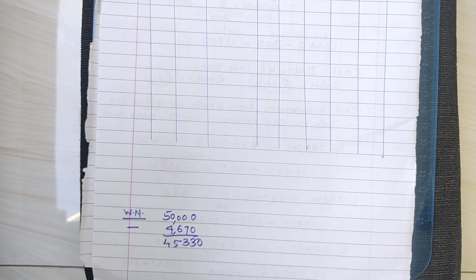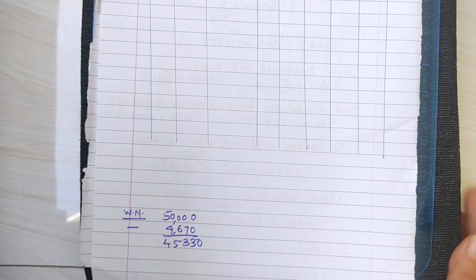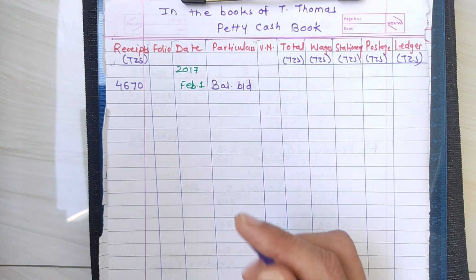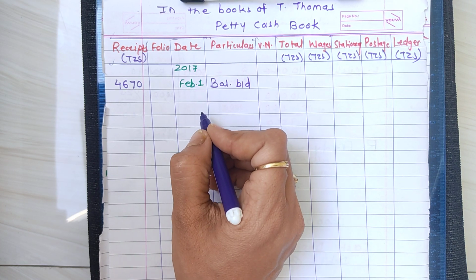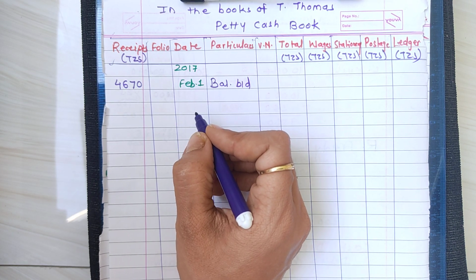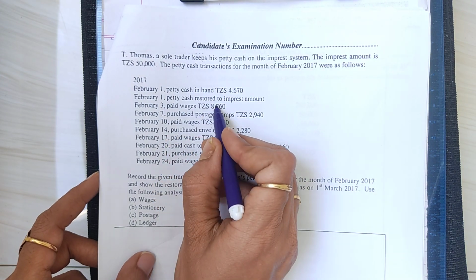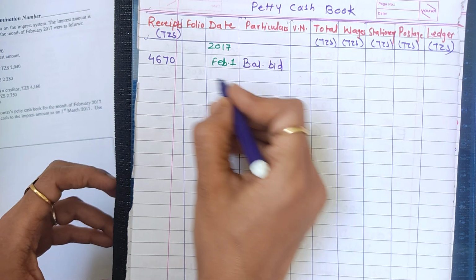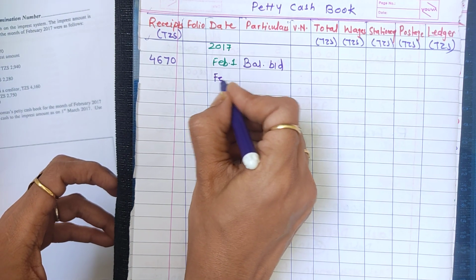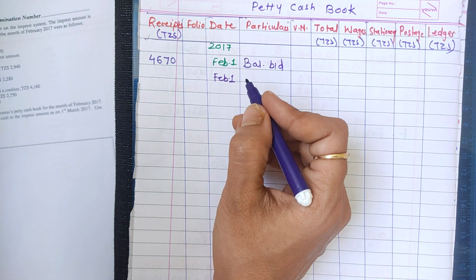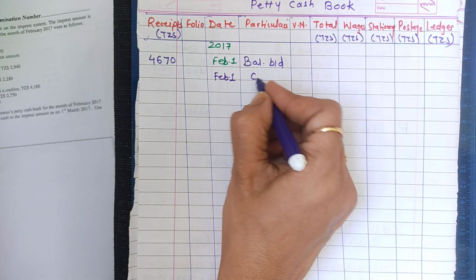So the answer is 45,330. So we will write that amount. Next column we will write down here. It is not given like check is received. It is just given petty cash restored to imprest amount. So write down here on the same date, Feb 1st.